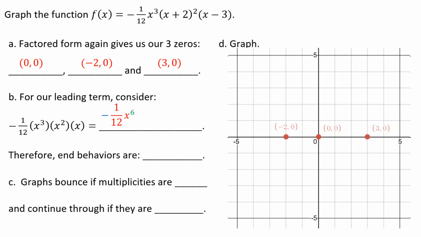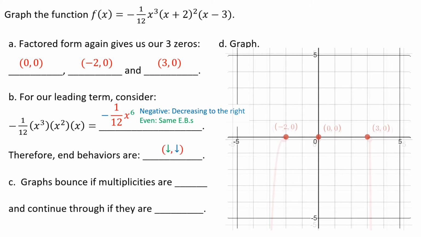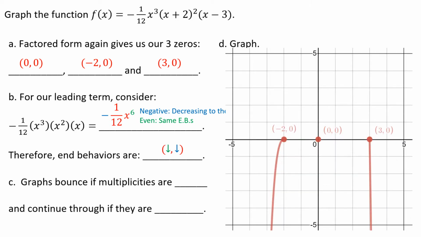And again, similar to last time, we can look to see that our leading term is negative, and that means that ultimately as we go to the right, we'll be heading down. And our exponent is an even number, the 6, and so our end behaviors are the same. So if we go to graph those, we should have down, down, and we should look somewhat like what we have on the screen over to the right.